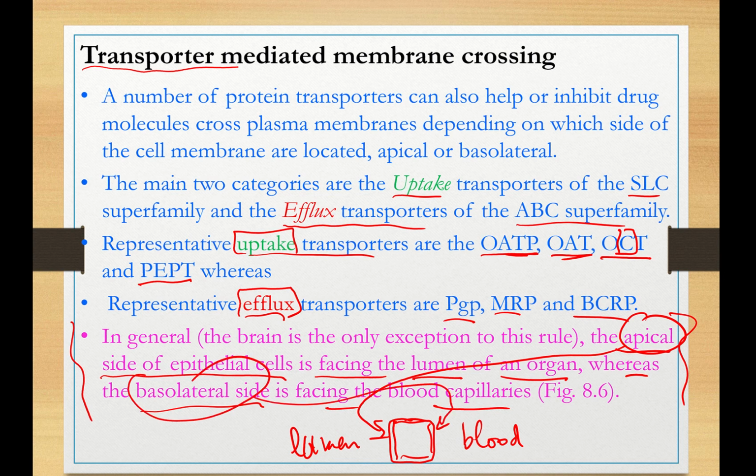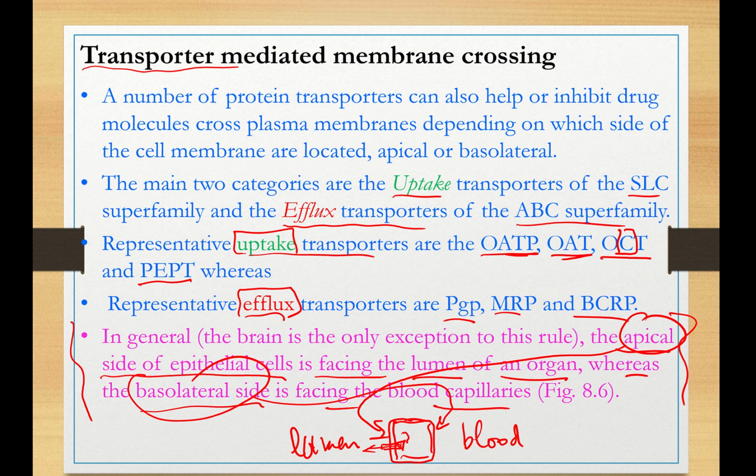All right. So if you have an efflux transporter here, the drug that passively diffused inside the cell will bind to these transporters and it will be pumped back into the lumen. So it will never be absorbed, or it would prevent or slow down its absorption.